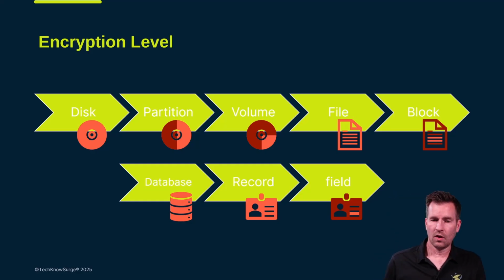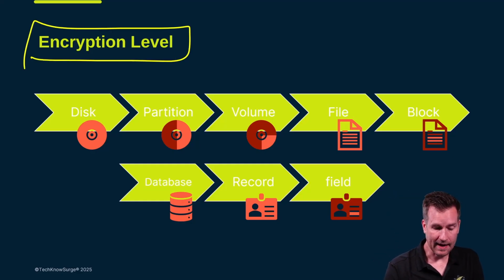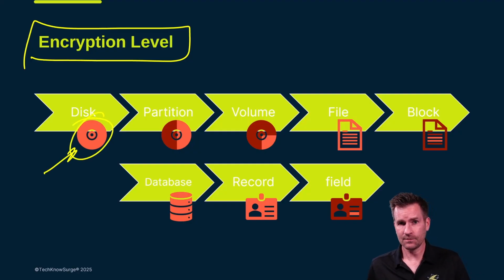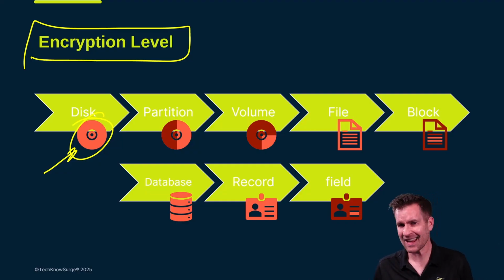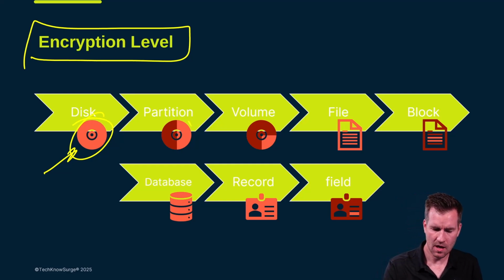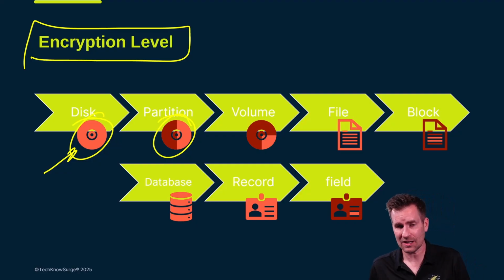All right. When we encrypt data, we're going to encrypt it at different levels. We can encrypt it at the disk level. This is a very high level; we're pretty much just saying we're going to encrypt everything. But a disk can be made up of multiple partitions, so we could encrypt something at the partition level.